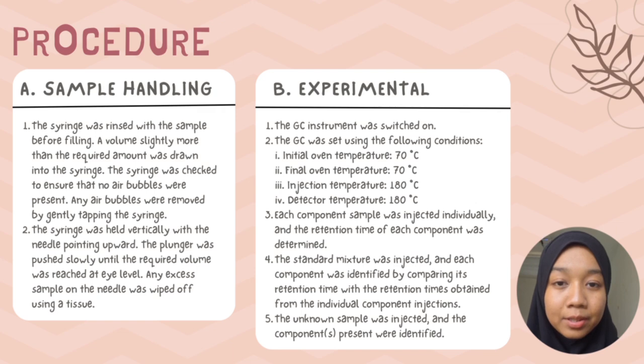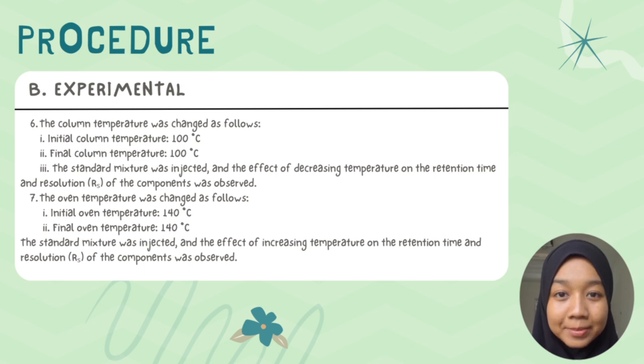The unknown sample was then injected and the components present were identified. Next, the column temperature was later changed to 100 Celsius to observe the effect of lower temperature on retention time and resolution, and the oven temperature was set to 140 Celsius to examine the effect of higher temperature.